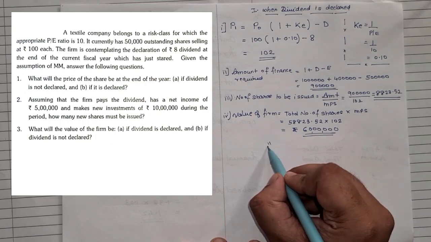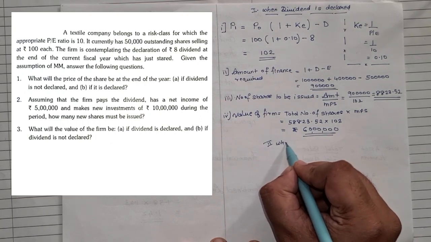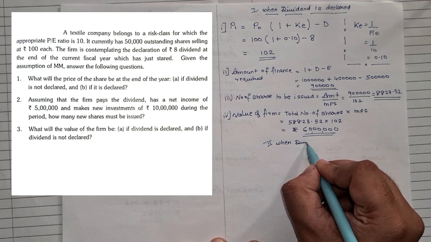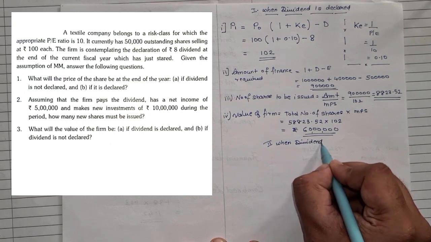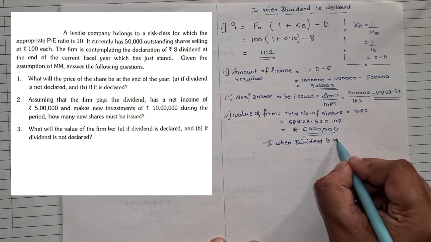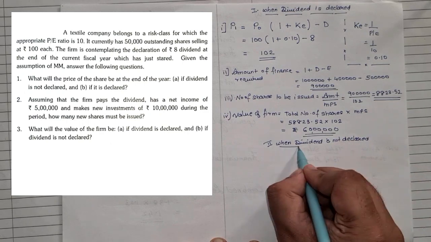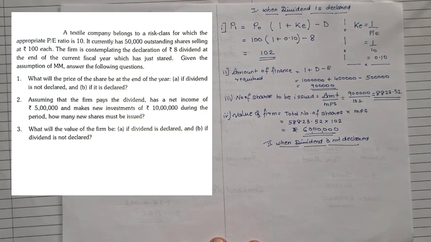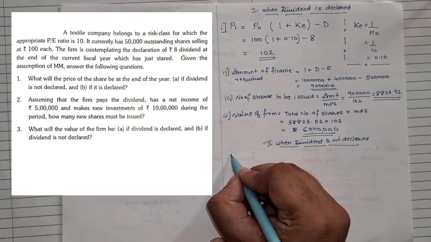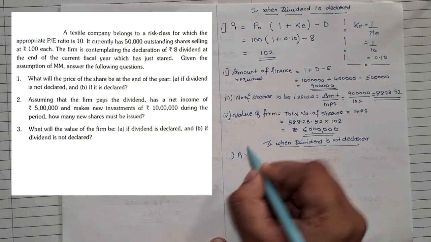Now we will do the second part, when dividend is not declared. Steps will be the same. The only thing you have to keep in mind is that the dividend is not declared. So again, first we need to find the price.